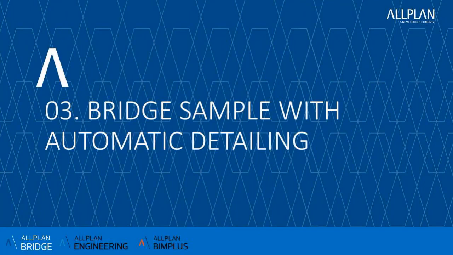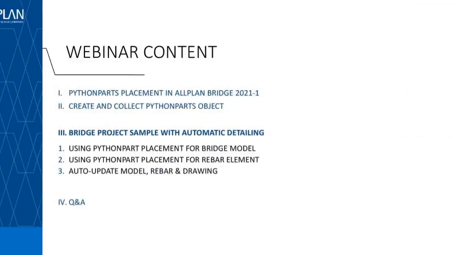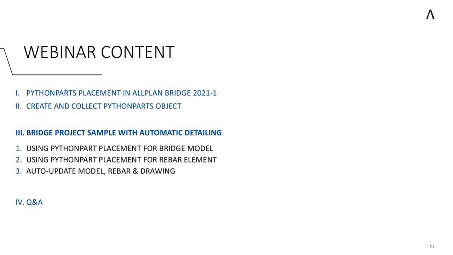So for the third part, I will show you some projects. Real projects where we could apply the Python parts placement for the design, automated design. After that we can apply it in our workflow. So I will share with you about the project.